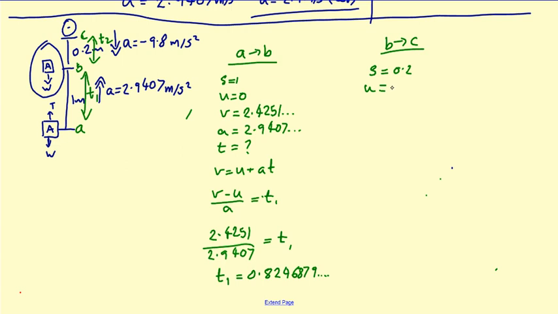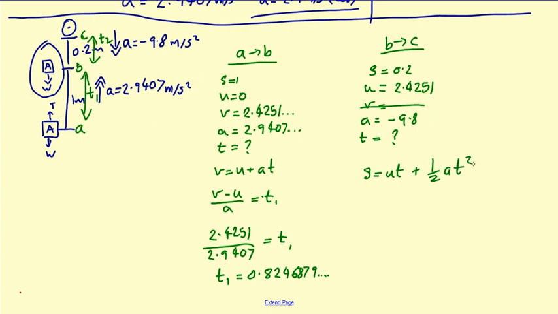So we're going to get 2.4251. v, we don't know, and we're not interested in. a, we now know is minus 9.8 meters per second squared, and t is what we're interested in. This time we have to use s equals ut plus a half at squared. And we just need to substitute the values in.